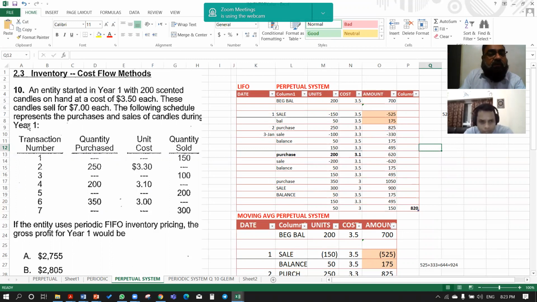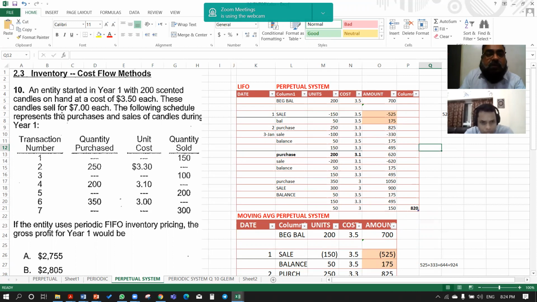The following schedule represents the purchases and sales of candles during year one, right? So here you can find, first of all, we have 200 balance inventory, and this is valued at 3.5. So candles are saleable at $7, right? This is the sales price, right?